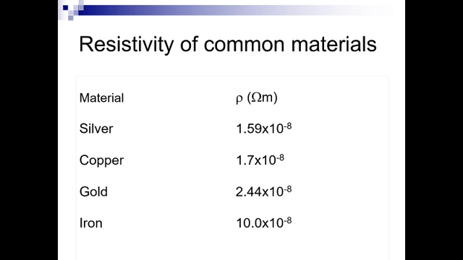But it's fairly expensive, so generally we choose the next lowest resistivity to make most of our electric circuits out of. So copper is used a lot. Gold people think of as a very low resistance thing, but it's actually quite a bit higher. One of the nice things about gold is that it doesn't tarnish, unlike silver and copper. And iron is quite a bit higher, so iron doesn't conduct electricity nearly as well.